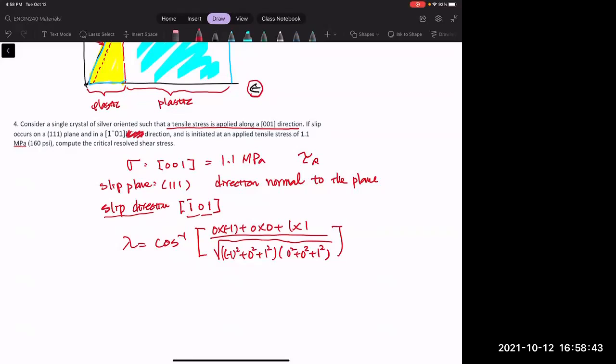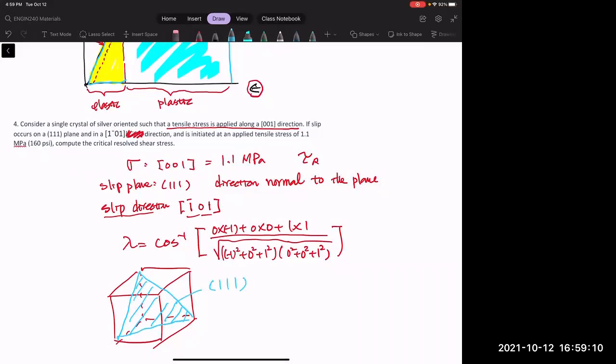The question is, how do you find the slip plane normal direction? If you look at the cubic cell, this is the 1, 1, 1 plane. Sorry, this is not a direction, this is the 1, 1, 1 plane.